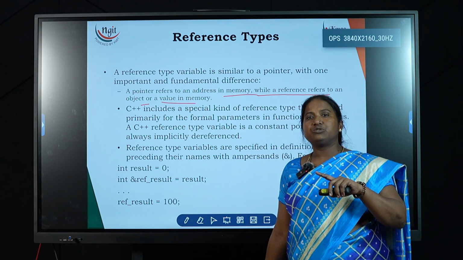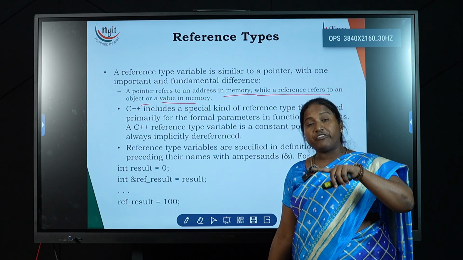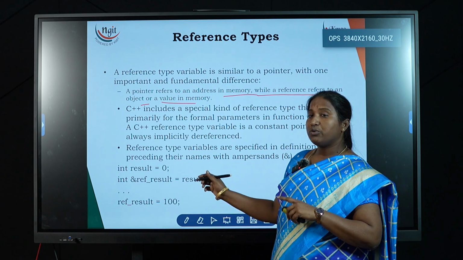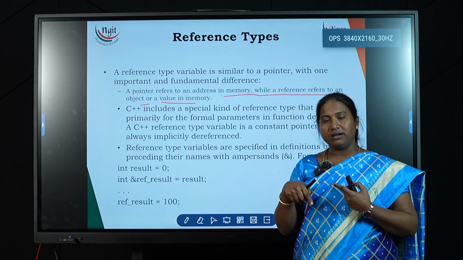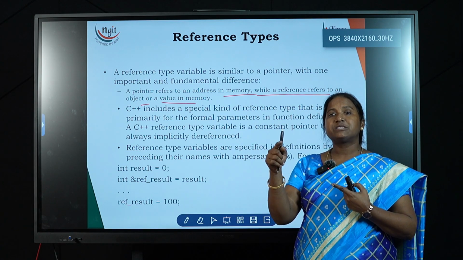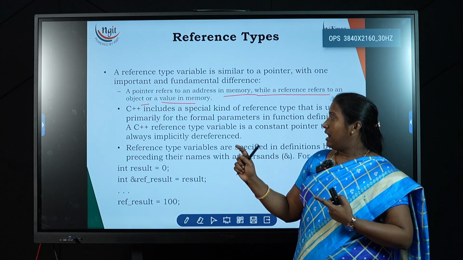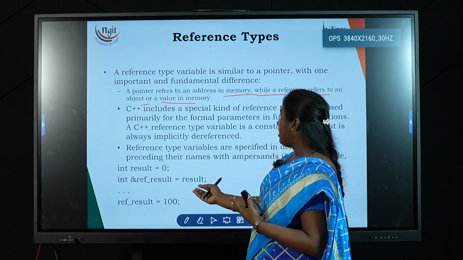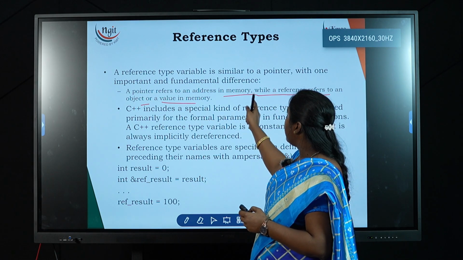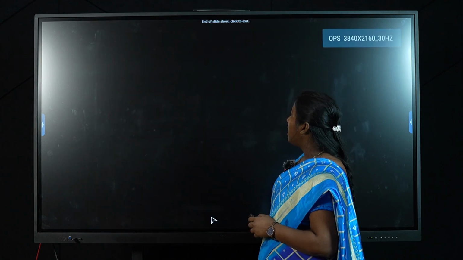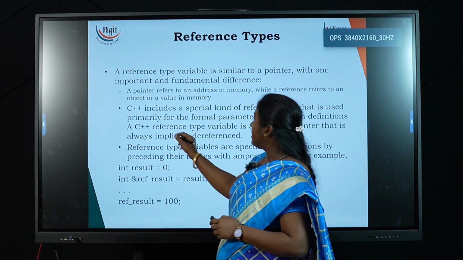So a pointer refers to the address, and a reference type refers to an object or a value. Fortran and Ada have implicit declarations, and they take the pointer type. Now I'll introduce the other programming language which takes reference type, and that is C++.